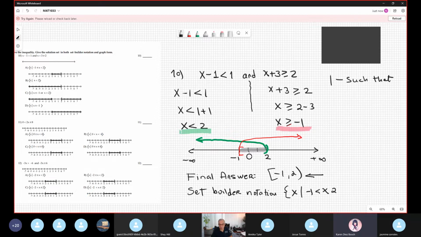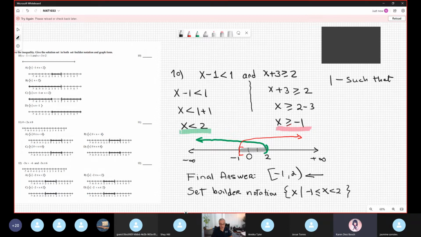Obviously, you consider -1 inside and 2 not. So you need to understand that this notation is another way to represent the same idea.